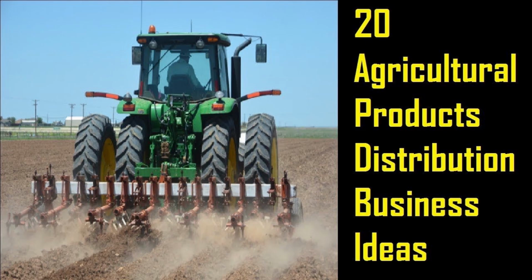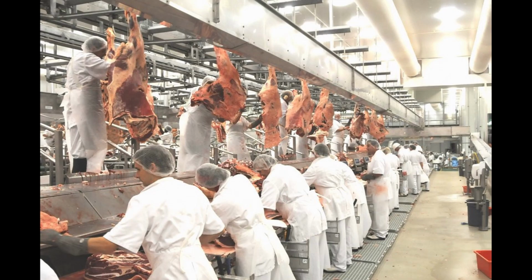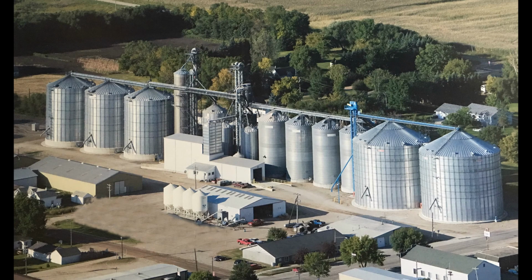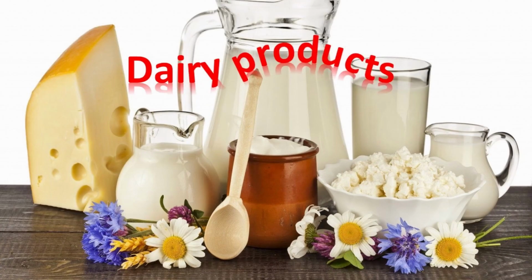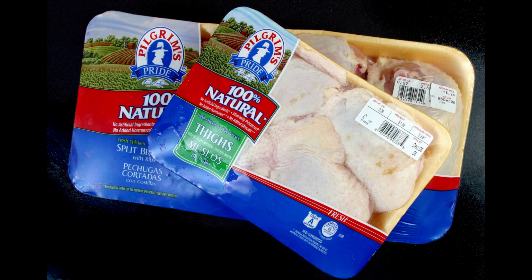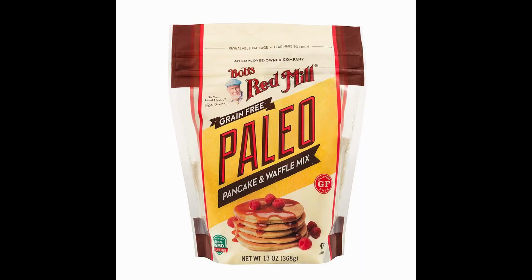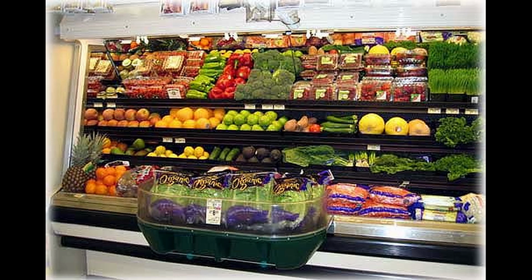In broad terms, most farm product distribution systems can be grouped into three categories. Sale of a commodity product to a first handler or processor, for example, sale of grain to a local elevator, milk to a creamery, or hogs to a slaughter plant. Sale through a grocery wholesaler or retailer, for example, sale of processed, packaged chickens through a local retailer, sale of a branded pancake mix through a natural foods distributor, or sale of fresh vegetables through a natural foods cooperative.